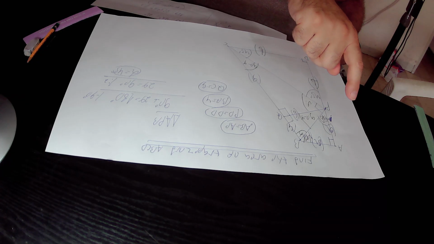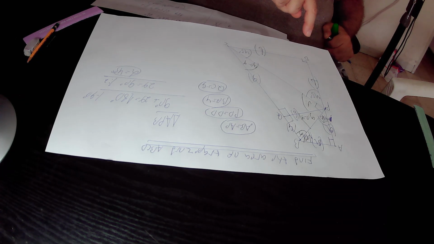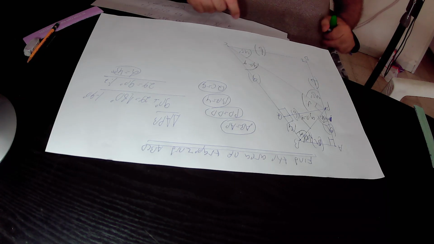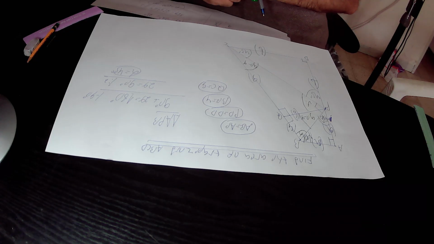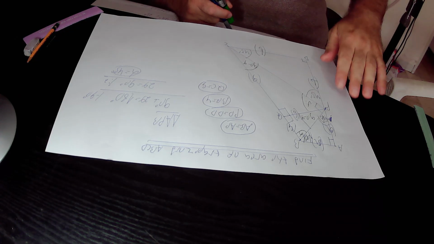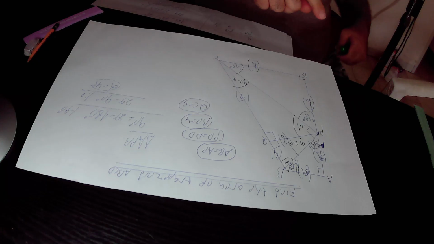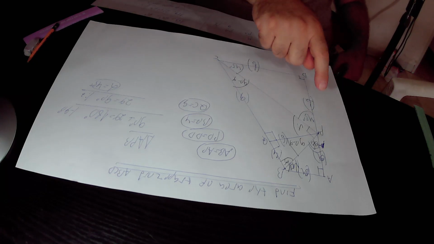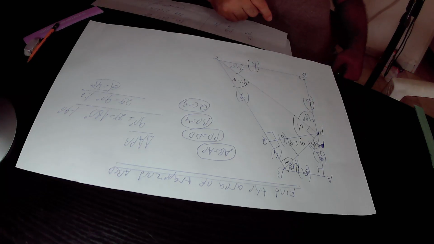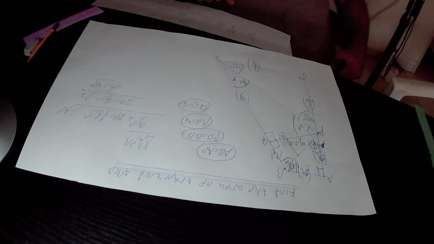We focus on the right side of the straight line AD at point P. AD is one side of trapezoid ABCD, therefore it is absolutely a straight line. So if you focus on the right side of the straight line AD at point P, the sum of the angles must be equal to 180 degrees, according to rule 3 that says the sum of the angles on one side of a straight line is equal to 180 degrees.